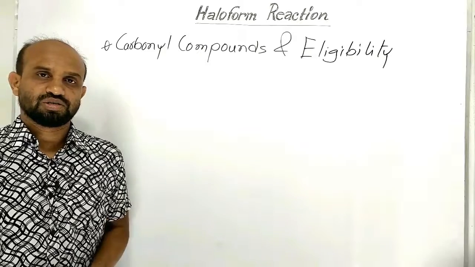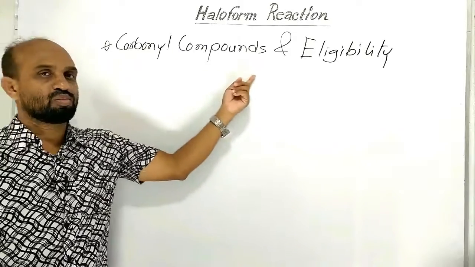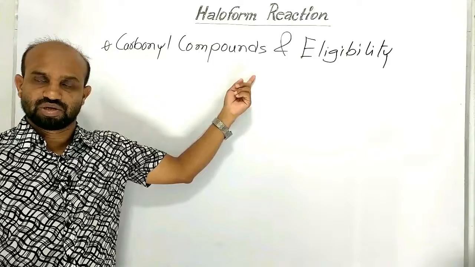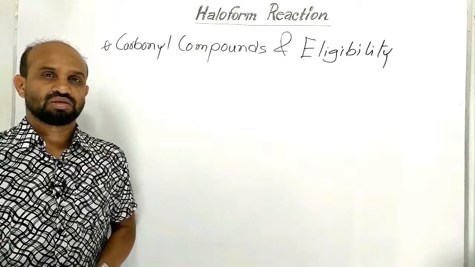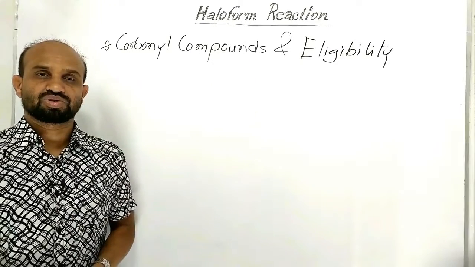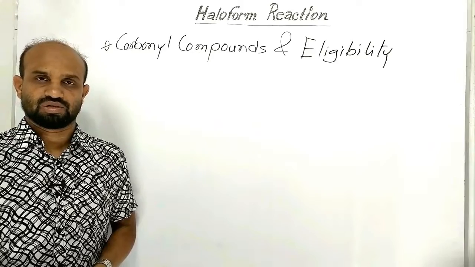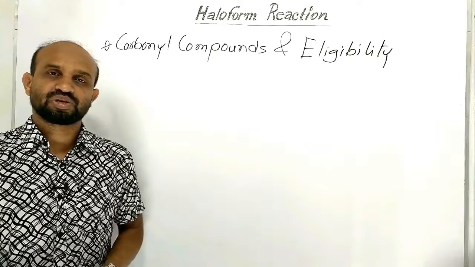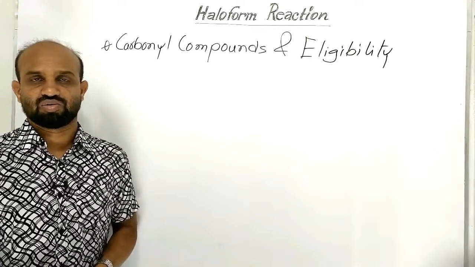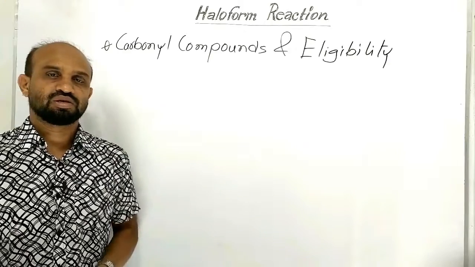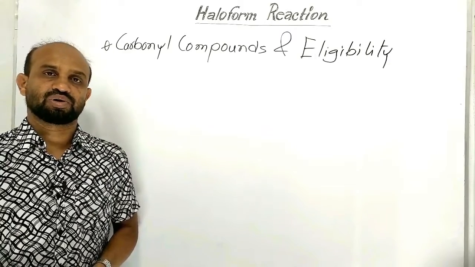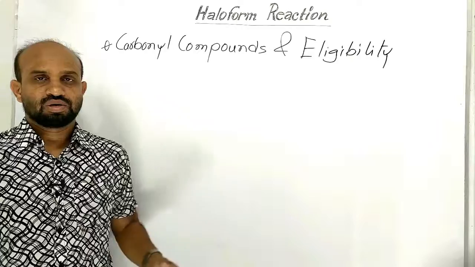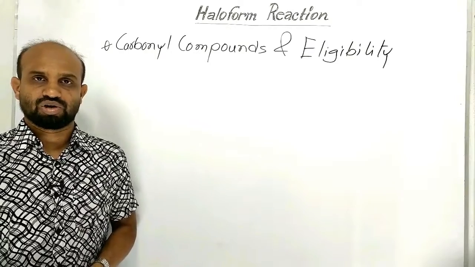The first point is carbonyl compounds and eligibility. That is, all carbonyl compounds do not undergo haloform reaction. Some specific compounds undergo haloform reaction. This is eligibility of carbonyl compounds. Let's see what are carbonyl compounds.